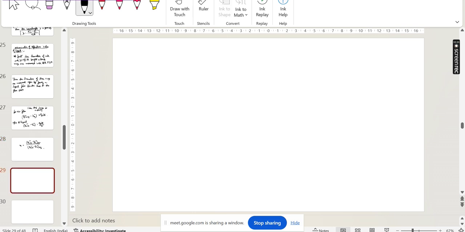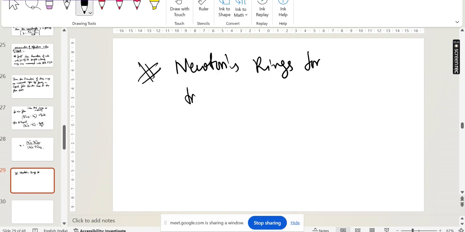And that is not part of this course, but for transmitted light, the equation or condition changes.